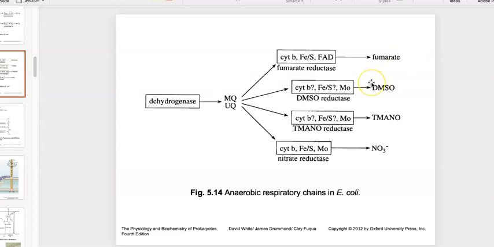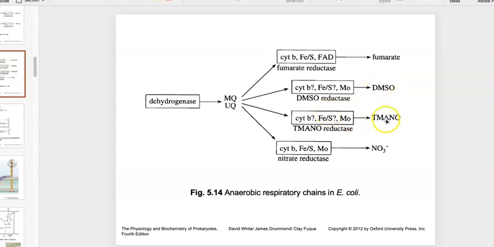Sometimes E. coli can find itself in the presence of DMSO, dimethyl sulfoxide, in its environment. And so it has a DMSO reductase that can grab electrons from here and transfer those electrons through the electron transport chain, ultimately using DMSO reductase to reduce DMSO.